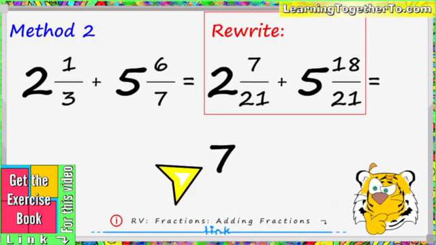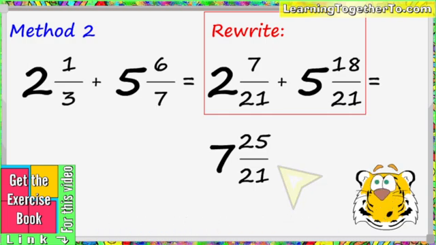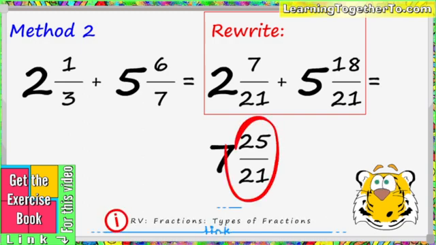7 21st plus 18 21st is equal to 25 21st. Well done, Tim. But Tim, look, there's something strange with this mixed fraction. The fraction part is an improper fraction.